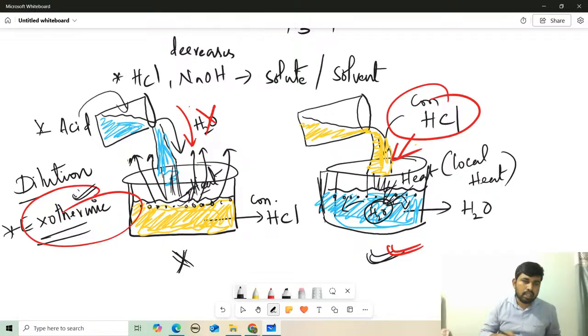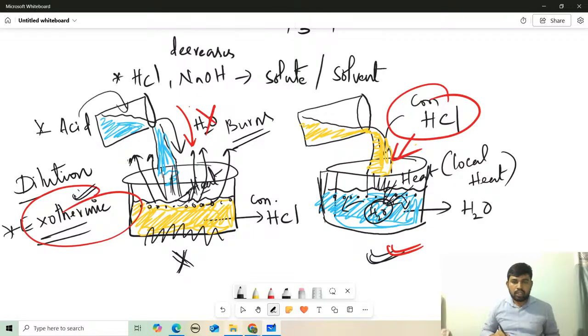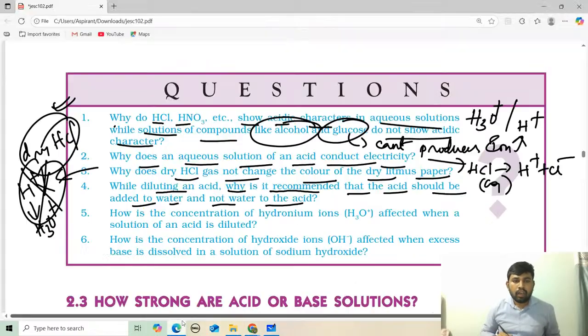It may break the container, or it may burn our skin also. So this is the reason why you should add the concentrated acid to the water during dilution, and that too with stirring.